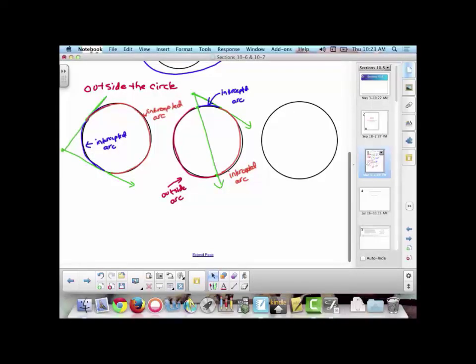Finally, we have the case where we have an angle with the vertex outside the circle made by two secant lines. This breaks the circle into four different arcs.